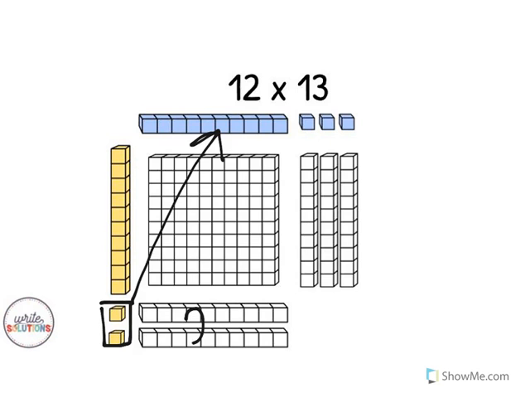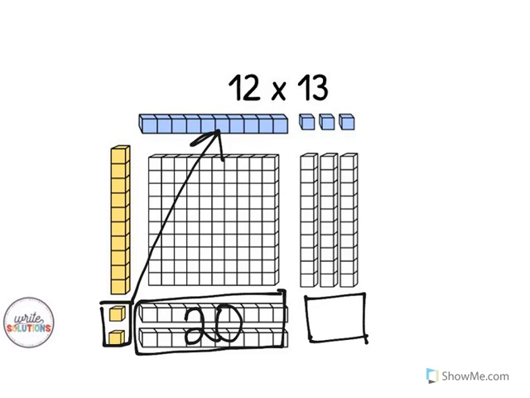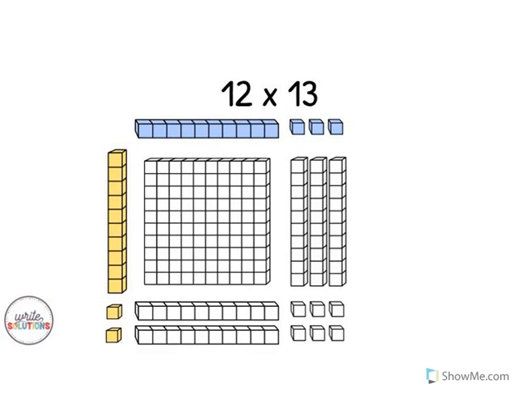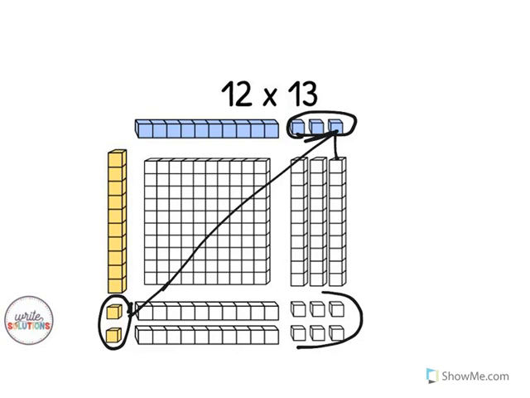And 2 times 10 gives us this partial product here of 20. And we have one more partial product to find. When we distribute this 2 to the 3 from the 13, that multiplication gives us 6, the last of the partial products.